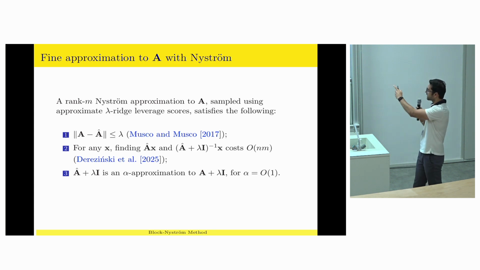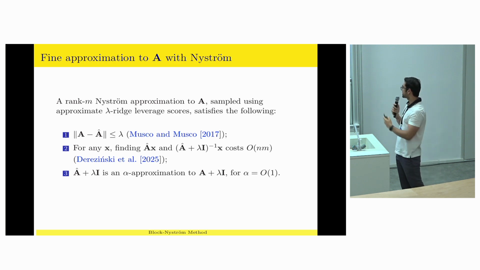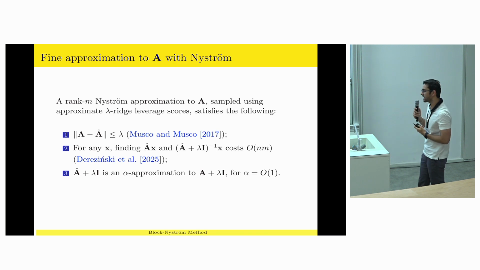A and A hat are within spectral norm error of at most lambda. The second property says that we can apply A hat and its inverse to any vector x in almost linear time. And the third property is what we are aiming to achieve, this alpha approximation. It turns out Nystrom approximation achieves this with O(1).